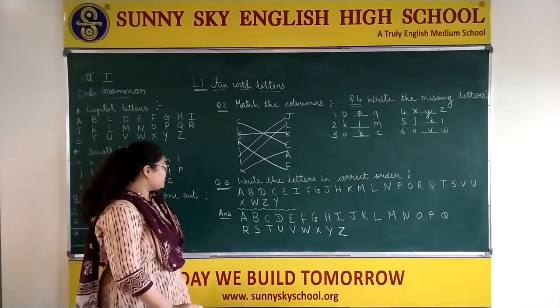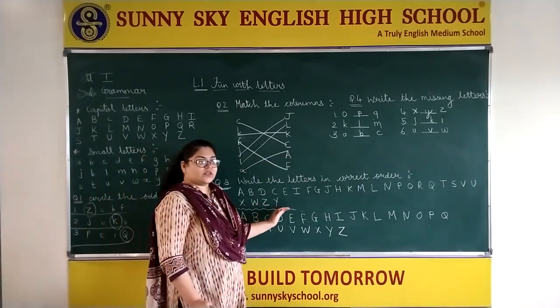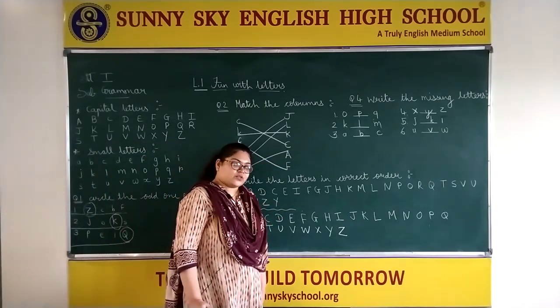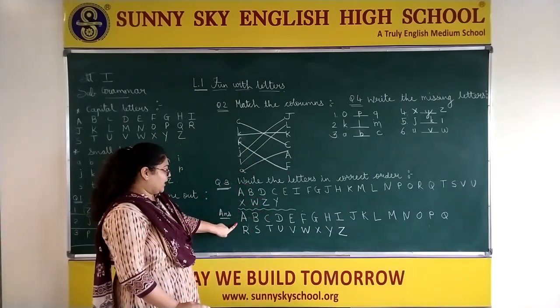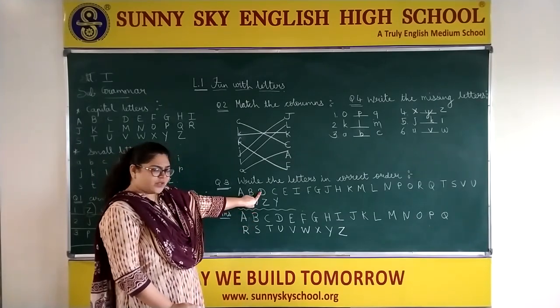After that, we have studied to write all the letters of A to Z in correct order. We have written all alphabets in correct order. A, B, then D will not come.